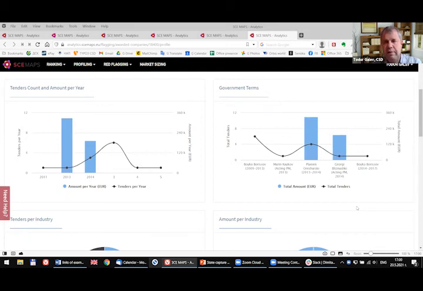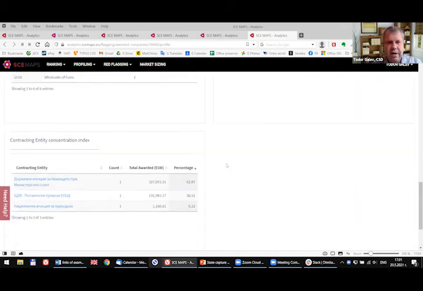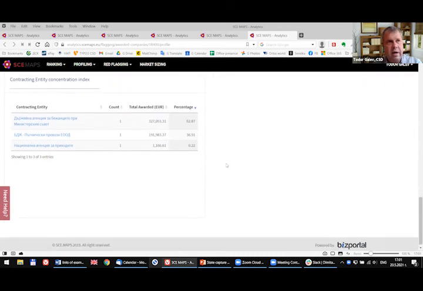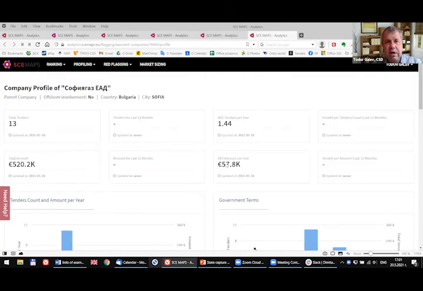It is still working, but this shows that there are some reasons this company wants public tenders only during the term of one given political cabinet, which is very suspicious. And if you look at the other information about this company, you'll see that it is really a suspicious case.